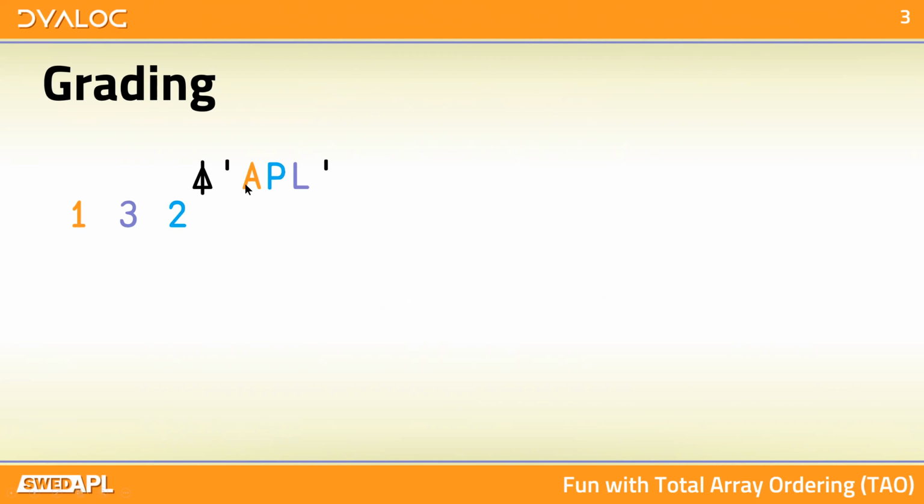It says that first we want to take number 1, that's the A. Then we want to take number 3, that's the L. Then we take number 2, that's the P, in order for this character vector to become sorted. That's what grade does. And so these are the correspondences, of course.